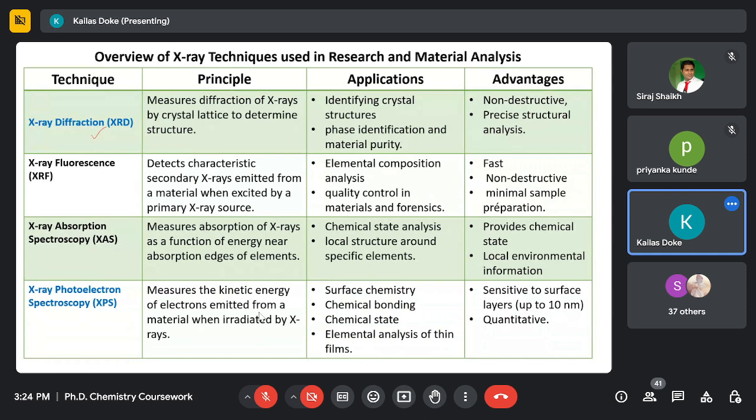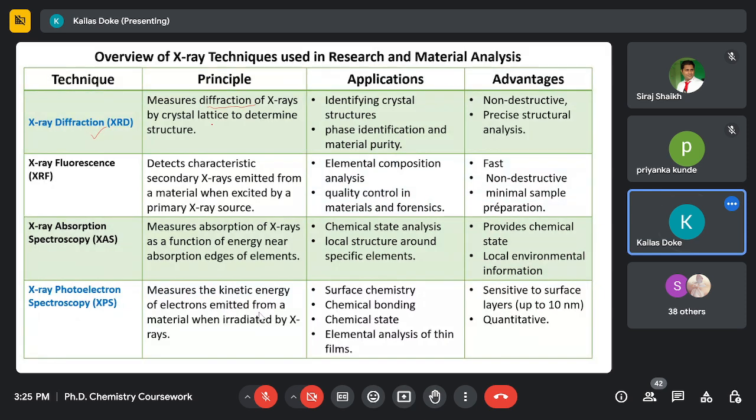Since X-ray diffraction is elastic scattering, there is no change in energy between the incident X-ray and the scattered radiation. So the scattered radiation we call diffraction. That phenomenon is called diffraction, and that's why this technique is called diffraction.